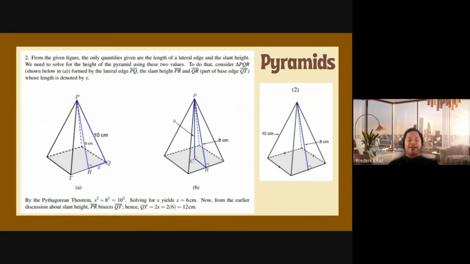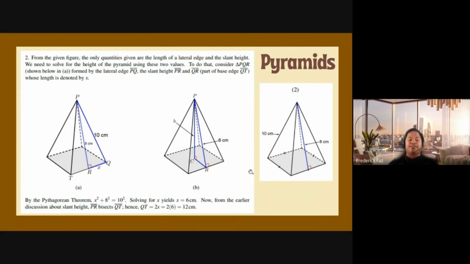For our number 2, this is our given. The given slant height is 8 centimeters and our lateral edge measures 10 centimeters. So, one lateral edge measures 10 centimeters rather. And our base is still a square.